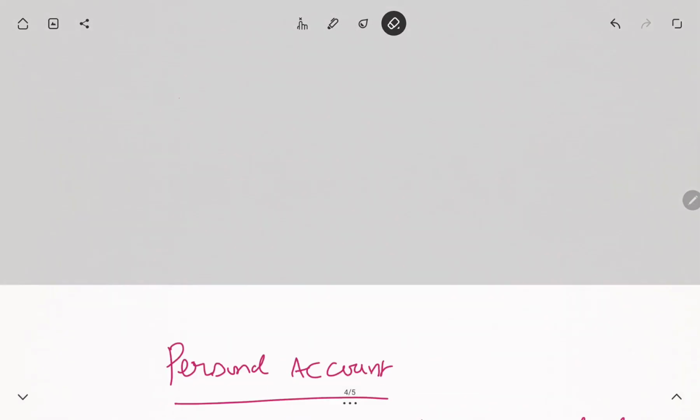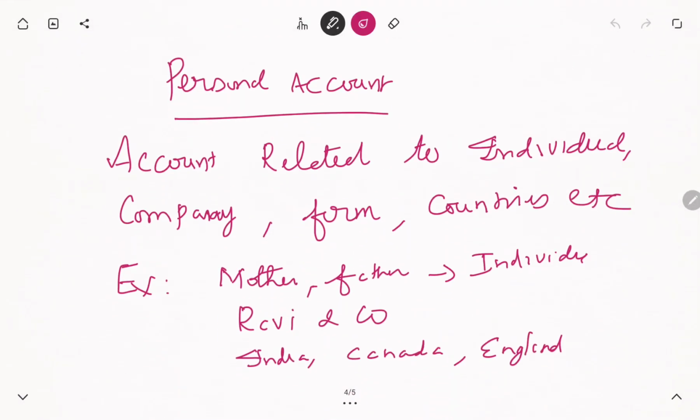Next one is nominal account. No, rules first, just start with personal account only. Rules I am taking now.